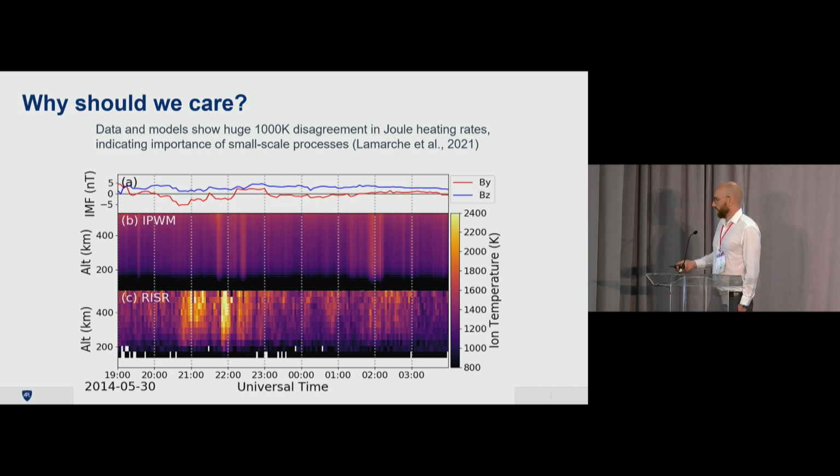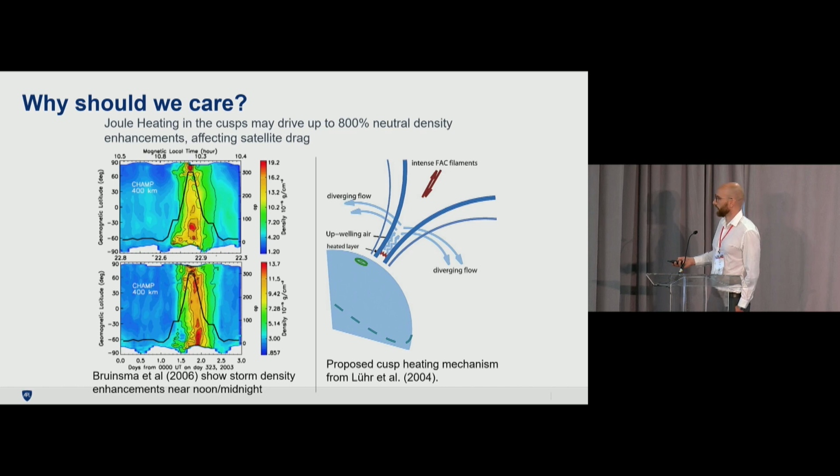That's one of the reasons why it's important. When we think about how we can predict space weather and where the density enhancements are going to be, we've got to understand that a lot of the heating generating these density enhancements is coming in as Poynting flux. If you can't understand what energy is going in, you can't predict what's going to happen coming out.